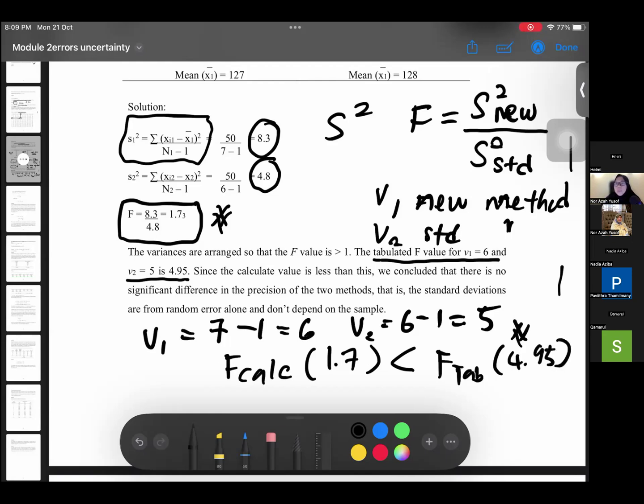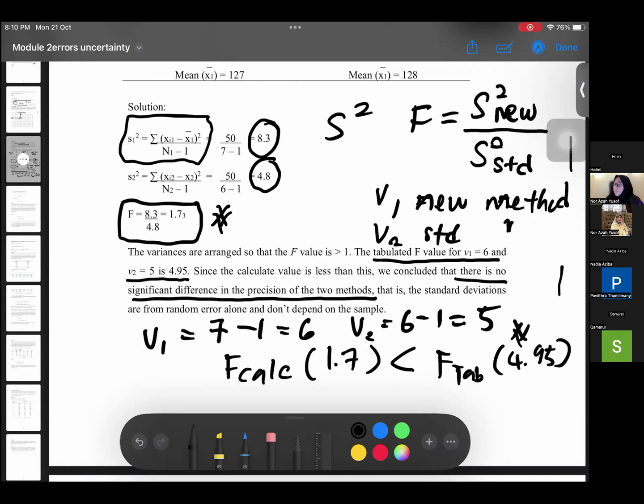This is very important, the conclusion. We can conclude that there is no significant difference in the precision of the two methods, which is good news, all right? This is what we want to know: is there any difference in the precision between the two methods?